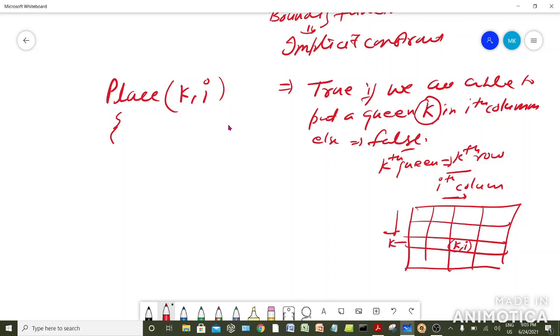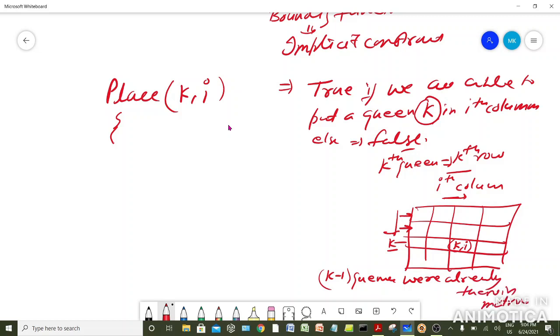If the queen is not facing a conflict diagonally, row wise or column wise, then we need to make sure by checking the queens which are already placed. And as we are working at k, it means k minus 1 queens were already there in the matrix.